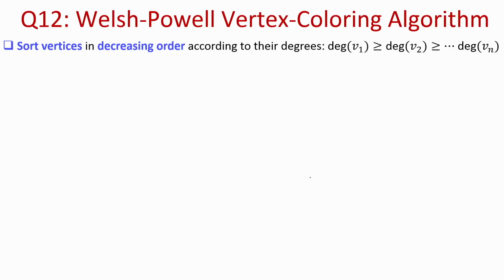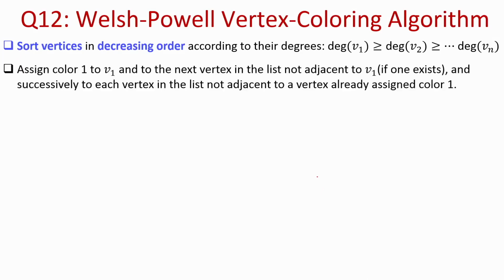We first sort the vertices according to their degrees and then use color number 1 to color the vertex which has the highest degree that you have arranged as per your degrees, and then the next vertex in the list which is not adjacent to V1 if at all it exists, and successively try to color as many vertices as possible according to the color number 1, keeping in mind that the next vertex which you are selecting is selected according to their degree.